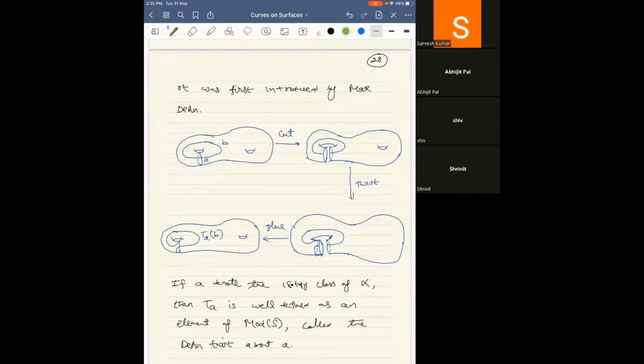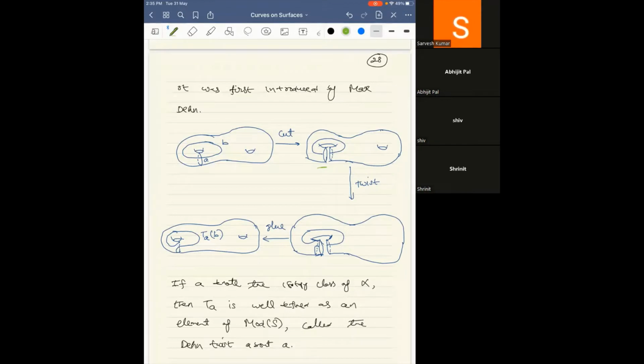Suppose you want to describe the Dehn twist around A, and let's see its effect upon B. You cut along A, then you twist this part. You will see what happens to this curve B. When you twist, and then glue it back, this is the effect of the Dehn twist around A on B.